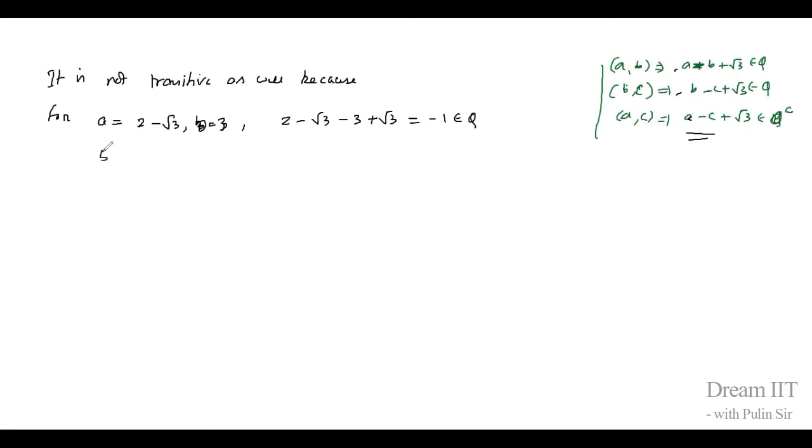Right, now I should start with the same B. Now I have to arrange a C such that the addition will give me again a rational value. So here I can write 4 plus root 3, suppose 4 plus root 3. Then what will happen? 3 minus 4 minus root 3, oh sorry, it is plus.